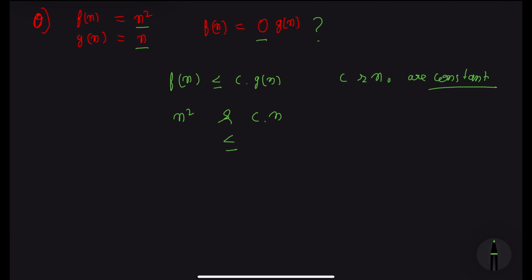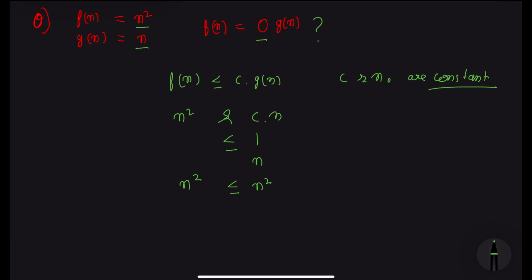The only condition coming to mind is if we keep the value of c as n, right? If the value of c is n, then this can become n square and this will be equal to n square as well.